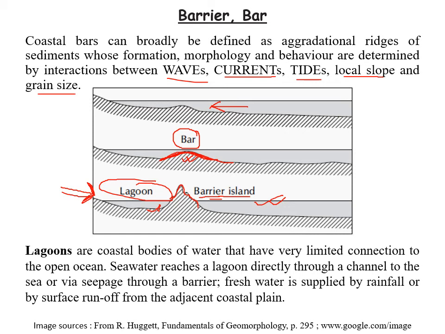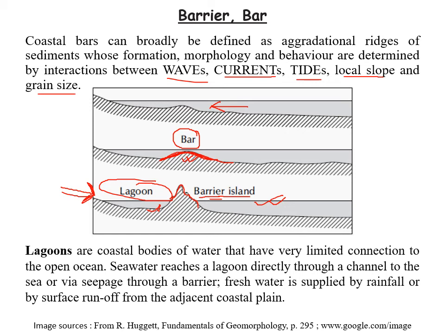Now the difference between lagoon and lake is that a lake is always composed of fresh sweet water, whereas lagoons mainly occur in the coastal areas where they receive water from streams or rivers, that is the sweet water, but occasionally they receive water from the open oceans, and that water is salty.